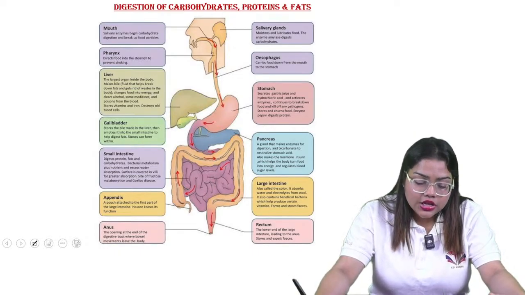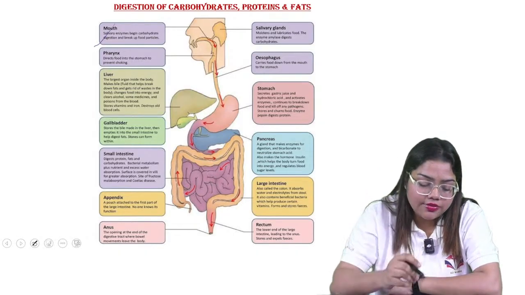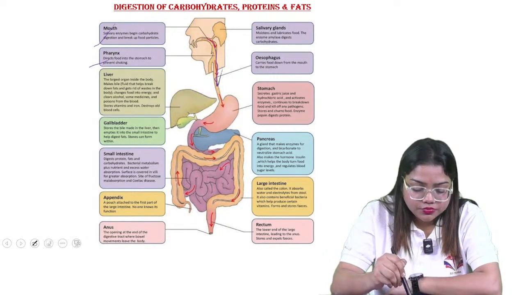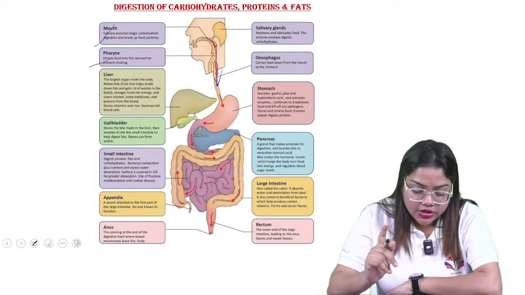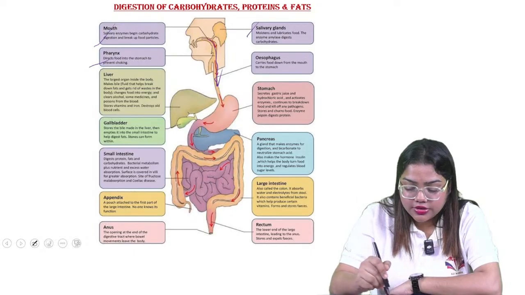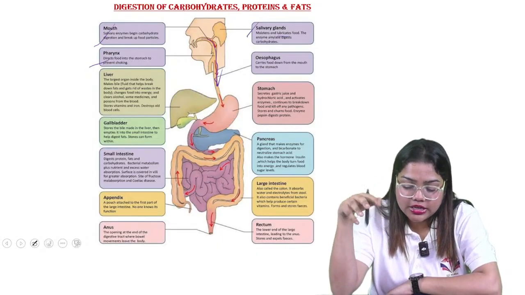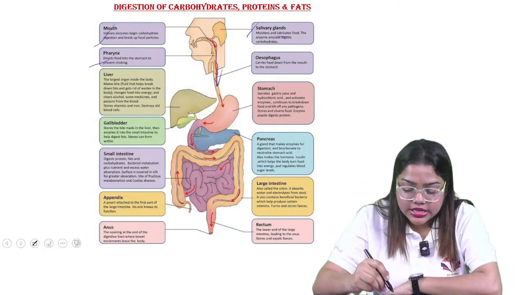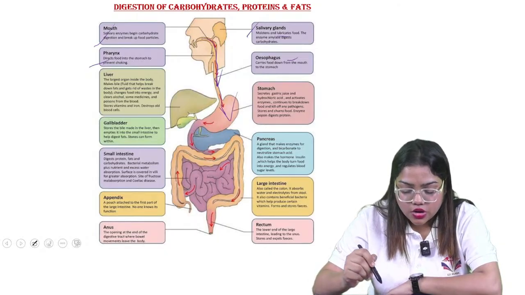After chewing and mixing with saliva, the pharynx will direct the food into the stomach, preventing choking. The salivary glands moisten or lubricate the food, and the enzyme amylase digests the carbohydrates. Then the esophagus will carry the food down from the mouth to the stomach.